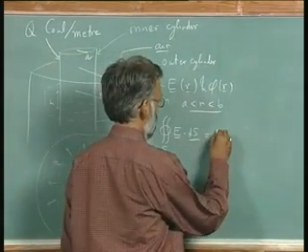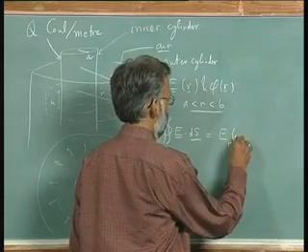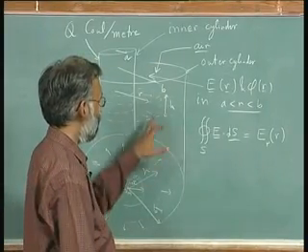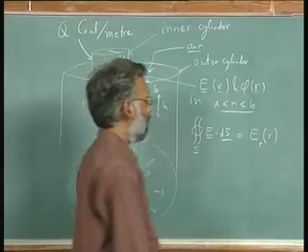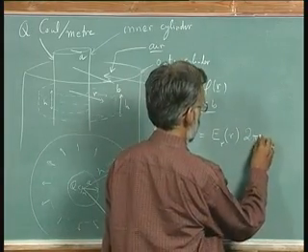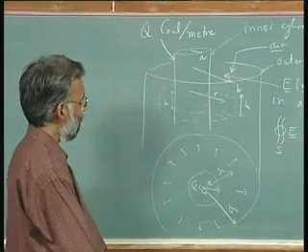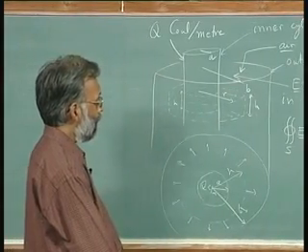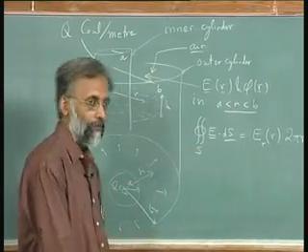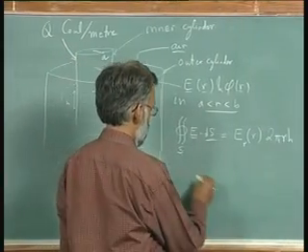So, it becomes E sub r, the radial component of E, which is a function of r, multiplied by the area. Well, the area is 2 pi r h. Now, this surface integral E dot ds is equal to the enclosed charge. How much charge is enclosed?